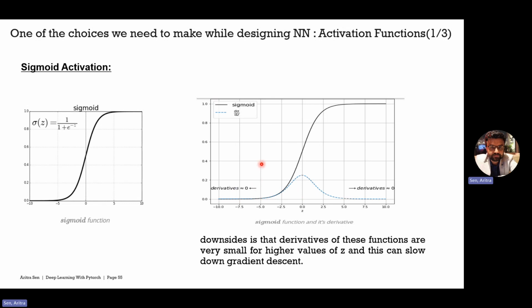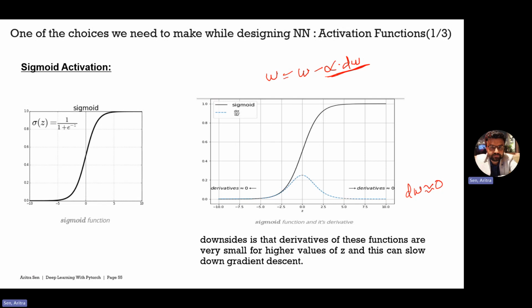So we know from previous sessions that weight updates happen with this equation: your W equals your previous W minus the learning rate times DW, right? Here we see the DW is very close to zero. So this multiplication of the learning rate with a value close to zero will give you a very small value.